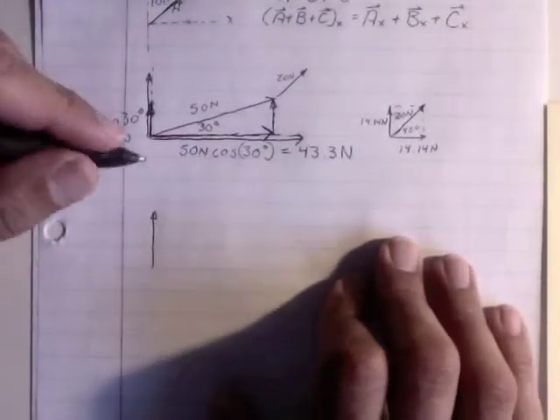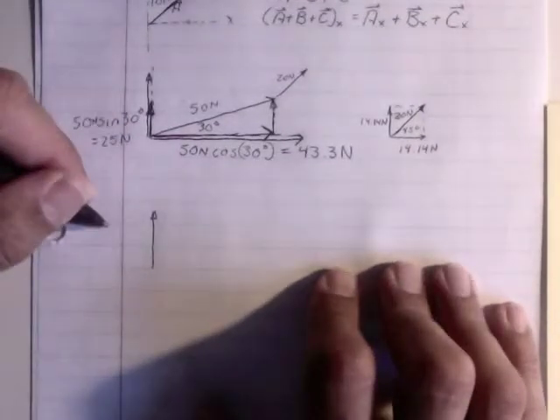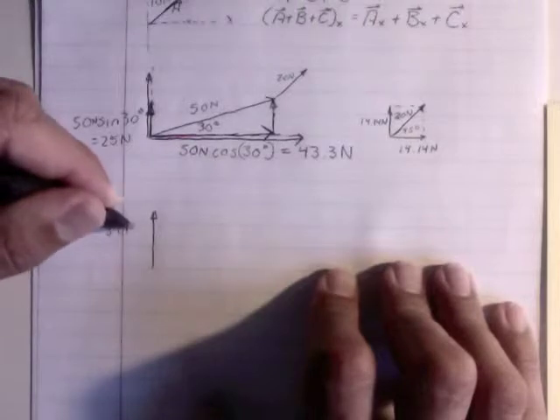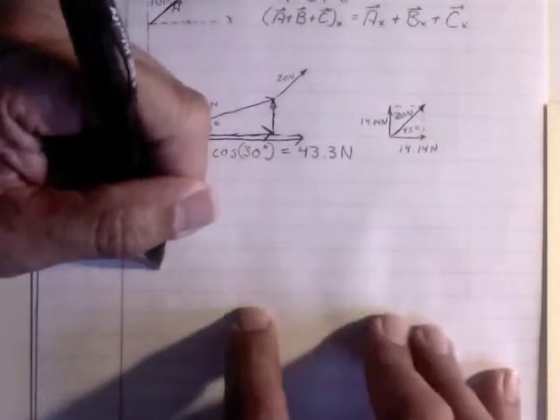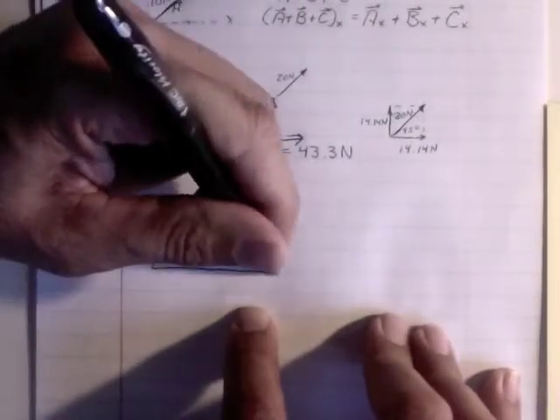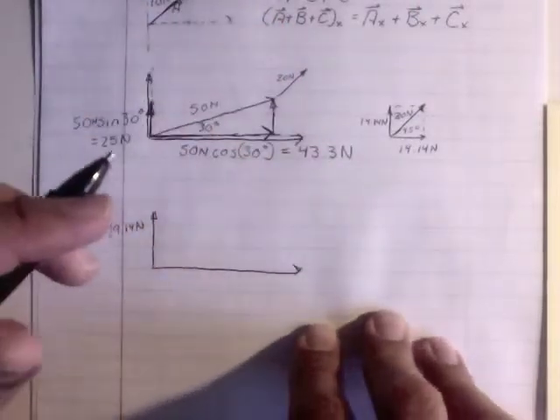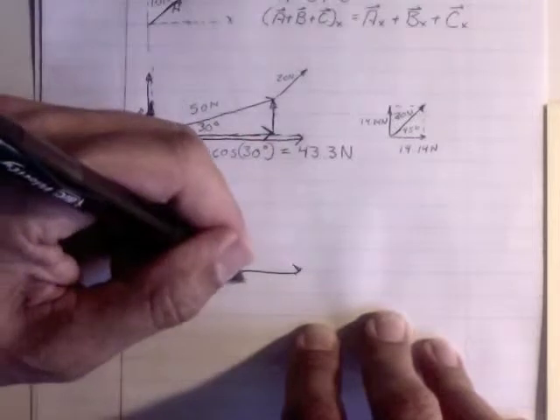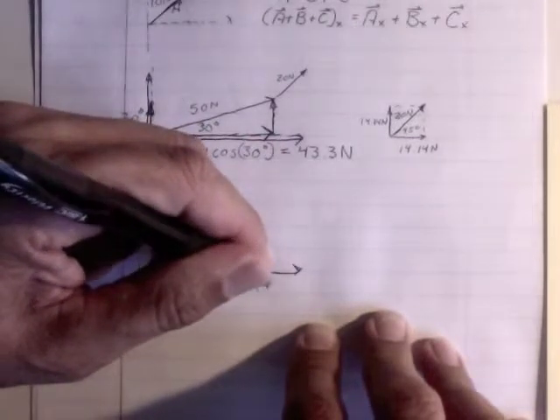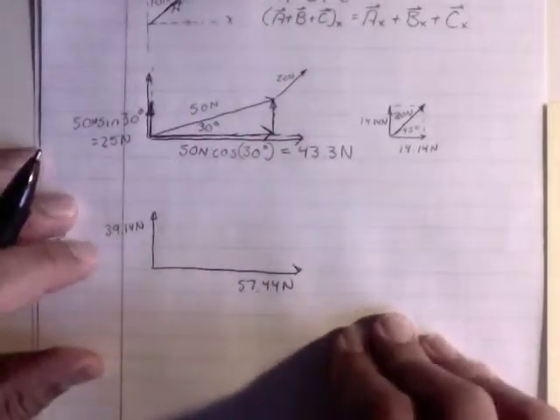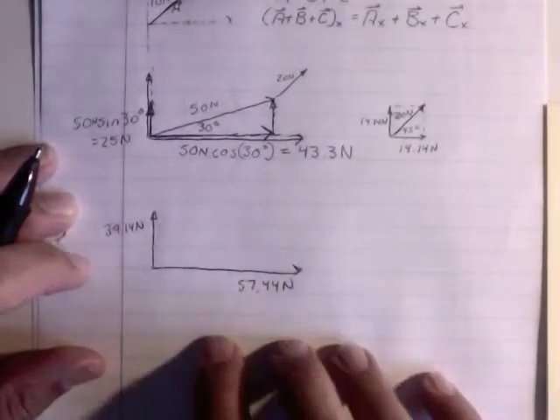So the y component, 25 plus 14.14, is 39.14 newtons. And the x component is 43.3 plus 14.14, which ends up being 57.44 newtons.